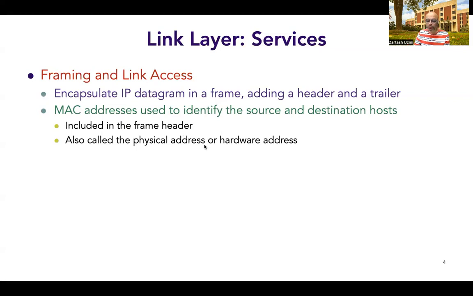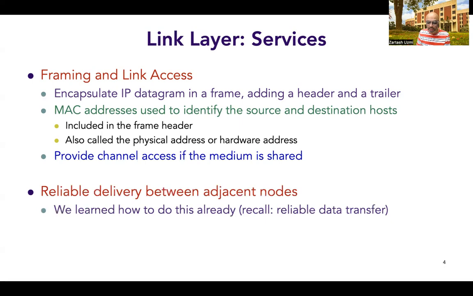These MAC addresses are used to identify the source and destination hosts, and they are very local on a single subnet. Okay, and also the job of the link layer would be to provide the channel access if the medium is shared, as we talked about in the case of wireless.